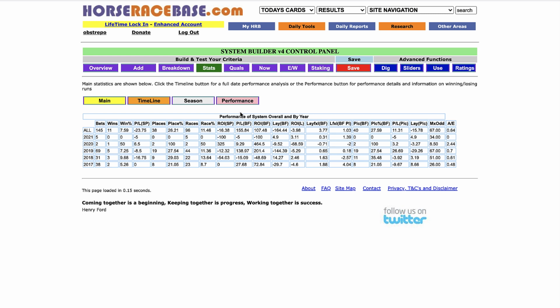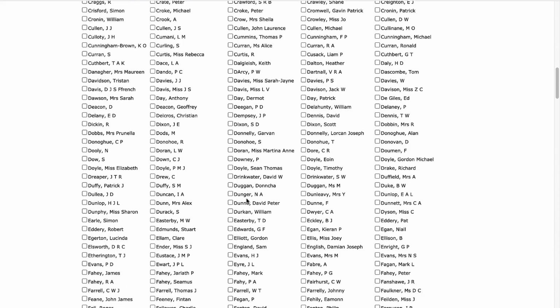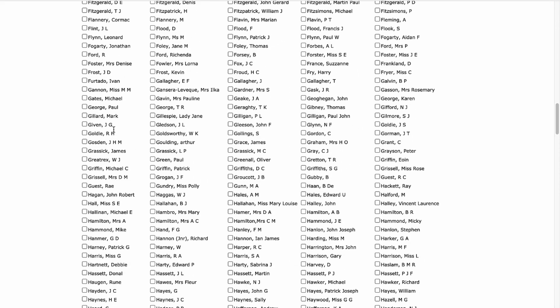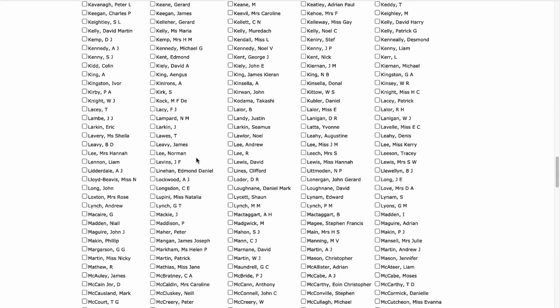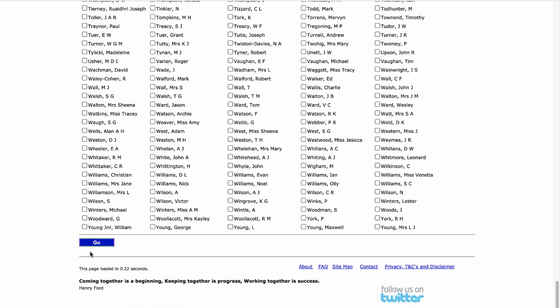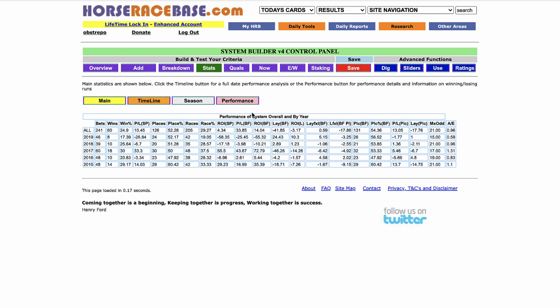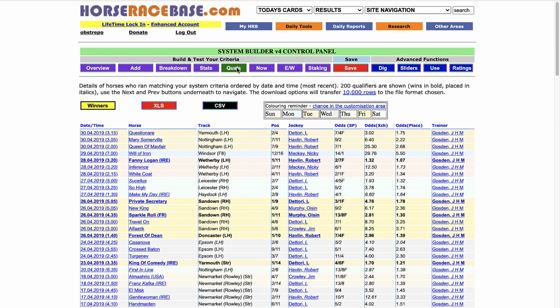And the last one we had was John Gosden. And with John, again we've seen losses on the last 2 years. Let's just have a quick look at the qualifiers.